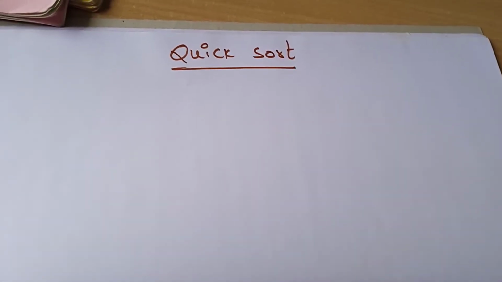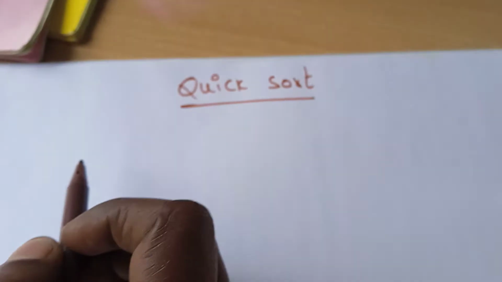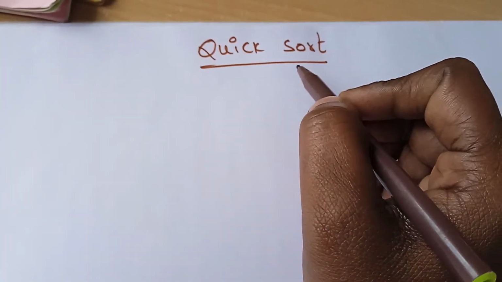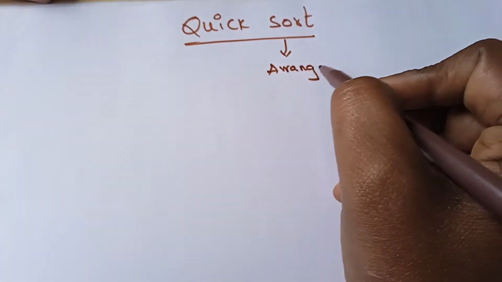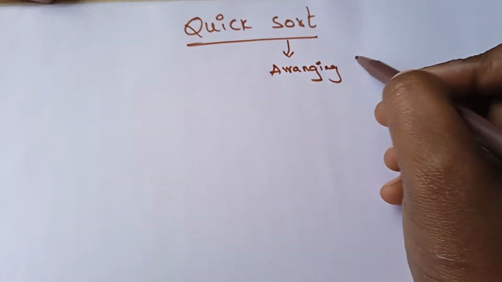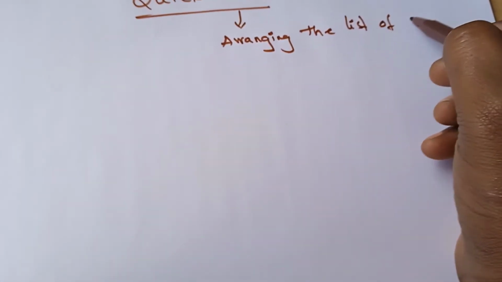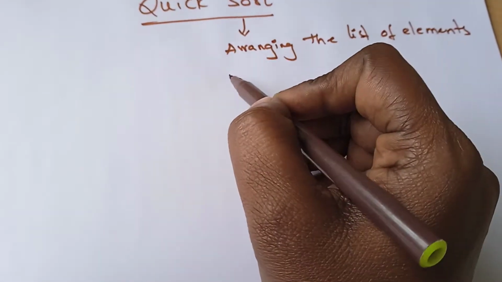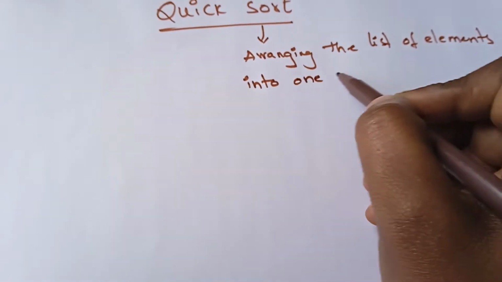Today I'm going to talk about quick sort. There are many sorting techniques. Sorting in the sense actually means arranging the list of elements into one order.